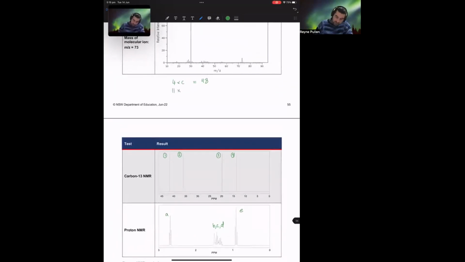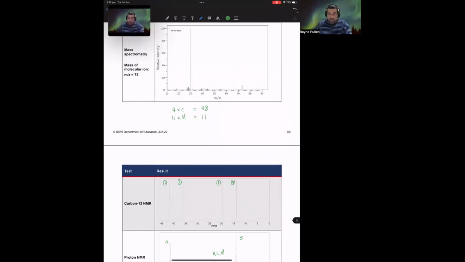So 11 protons, which will give us 11 towards that count. And then we have the nitrogen. We're saying that there's a nitrogen here based on the IR data and our suspicions from the proton and carbon. And if we think about that, a nitrogen is going to account for about 14. And if we sum all of these together, we're going to end up with 73, which is great.